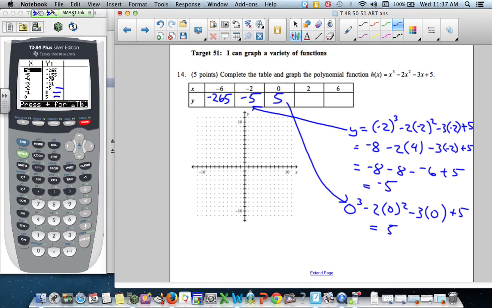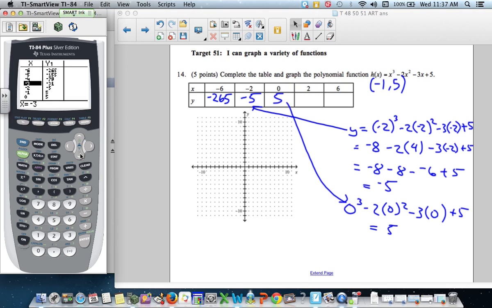There's a few other points on here I could plot. I see -1, 5 is on there, so I can add that one to my graph or my table if I want. And then to get my other ones, I can just scroll down. There's 0, 5. I can add the point 1, 1.